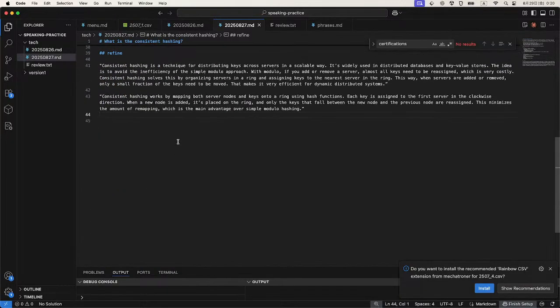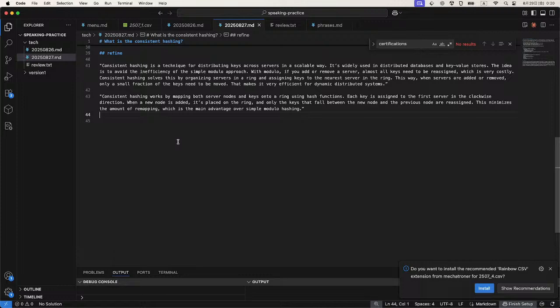And today, along with consistent hashing, I'd like to learn about the design of a key value store.